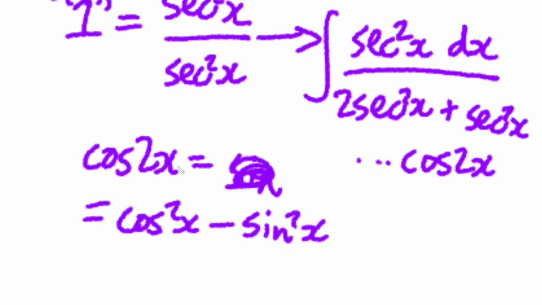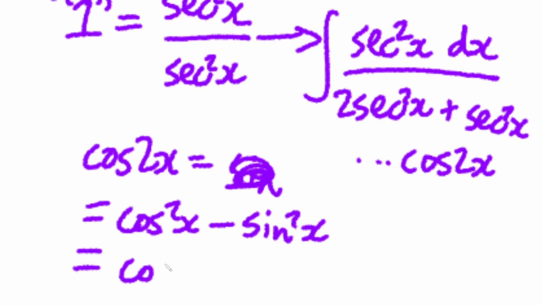So perhaps we could use this substitution, but at the same time, we'll be left with this secant squared x over here, which may be a little more annoying to deal with, because we need to do more conversion steps to get to the final answer. So let's have an alternate form of cos 2x that doesn't include a sine squared x.